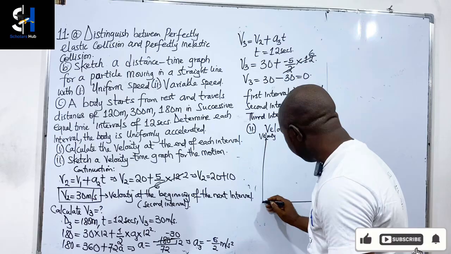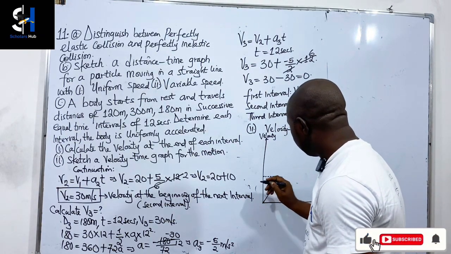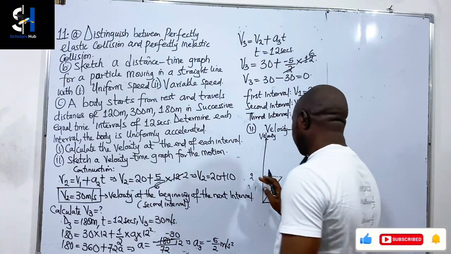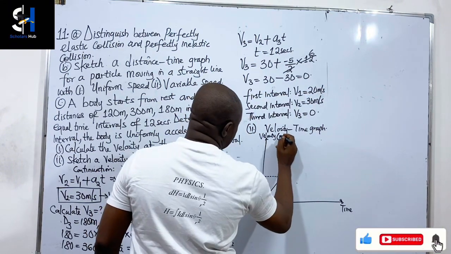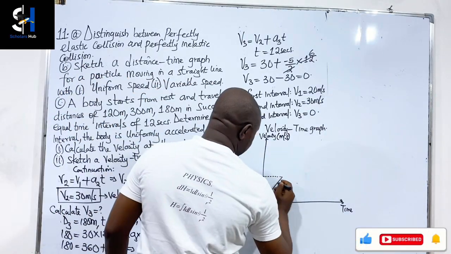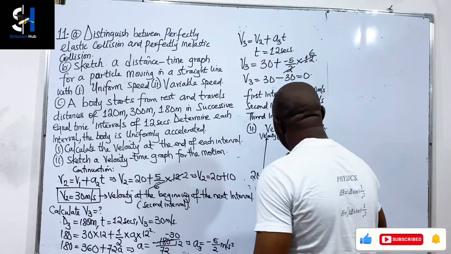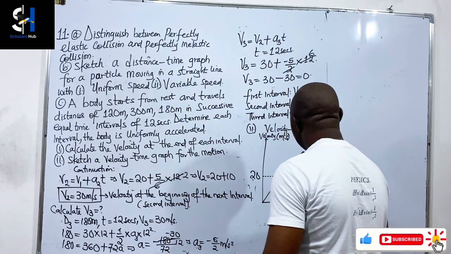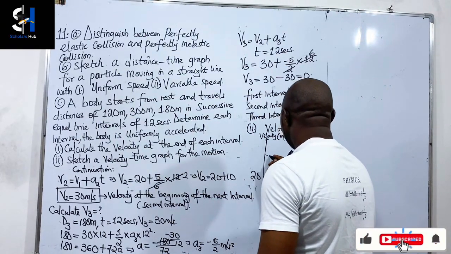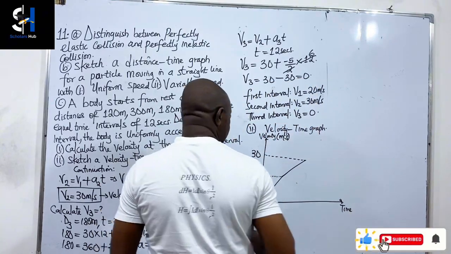But the initial velocity is what? 0. So let's say this is 20 meters per second. Then the second interval, this will be 30.